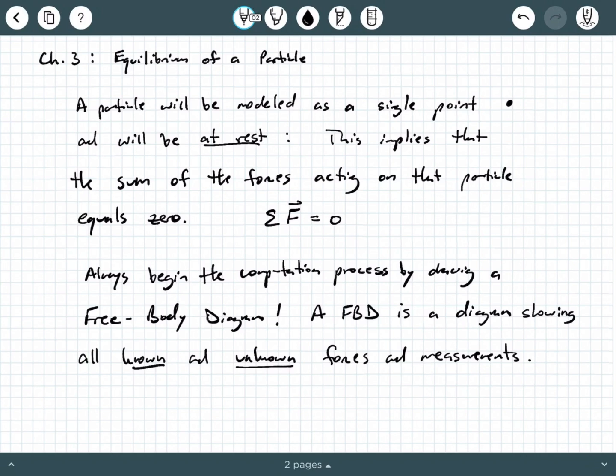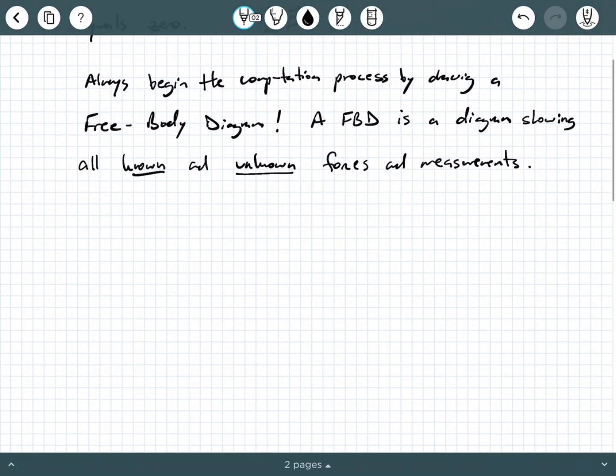So any angles, any slope definitions, any lengths, all of that information needs to be incorporated into your free body diagram. And when we get into some numerical examples, you will see why this is so important.